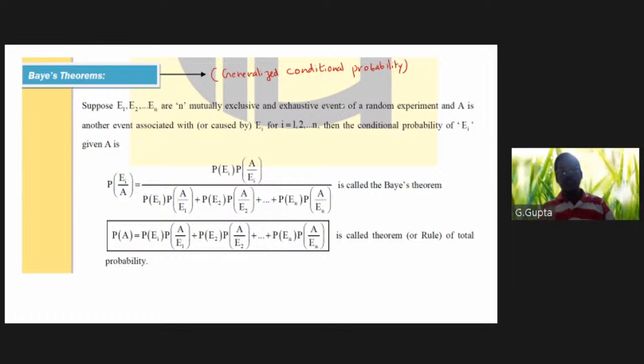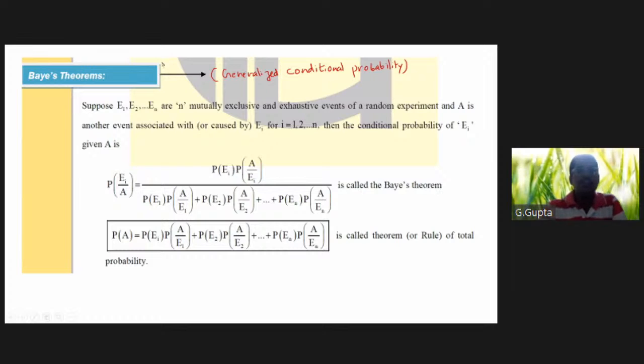Now, what is conditional probability? P of A given B. That is probability for finding the event A given that B has happened. That is, P of A by B means probability for event A after the occurrence of event B. Similarly, what is P of B by A? Probability for the event B after the occurrence of event A.